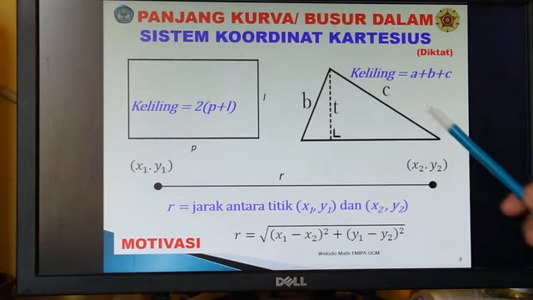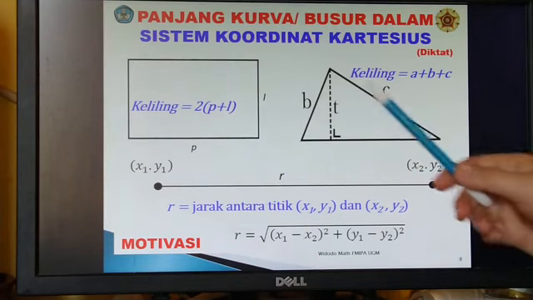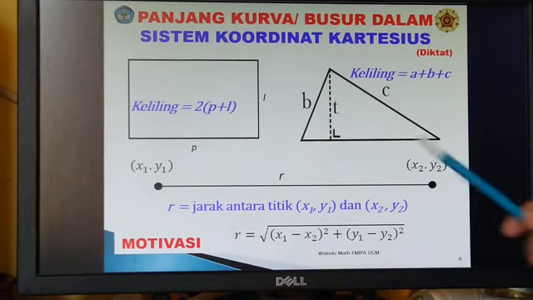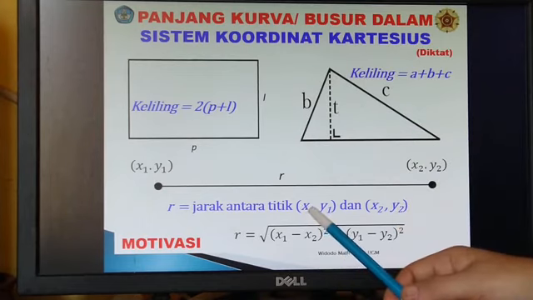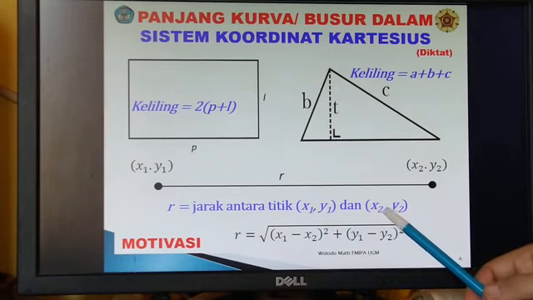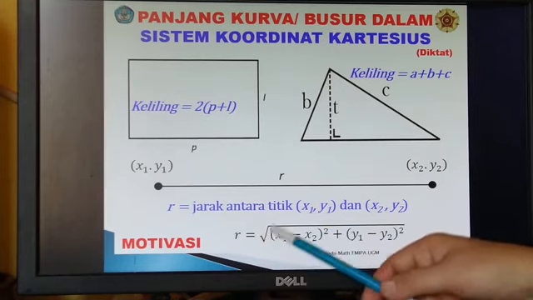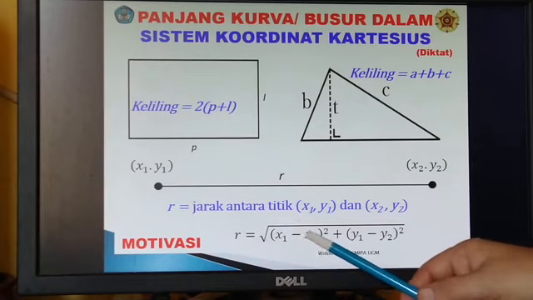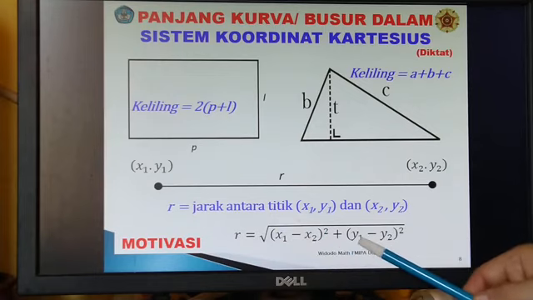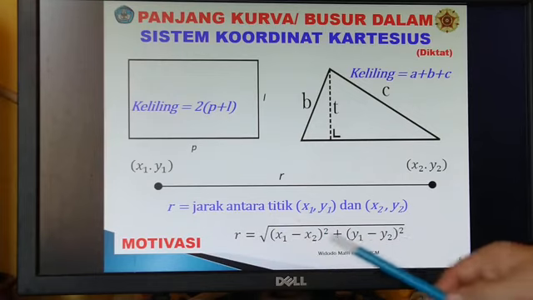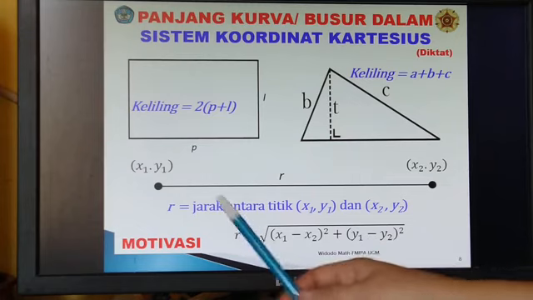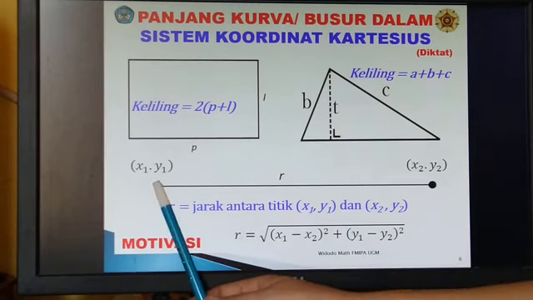The circumference is a plus b plus c, and the distance between 2 points (x1, y1) and (x2, y2) is equal to the square root of the difference of x squared plus the difference of y squared. So altogether the r is actually the distance between this point and that point.